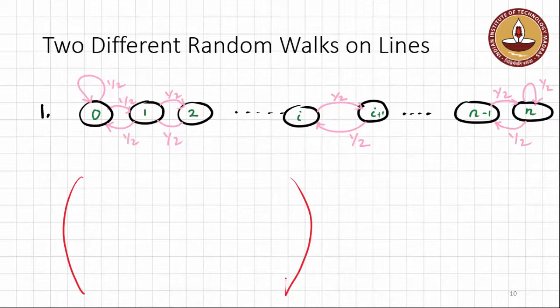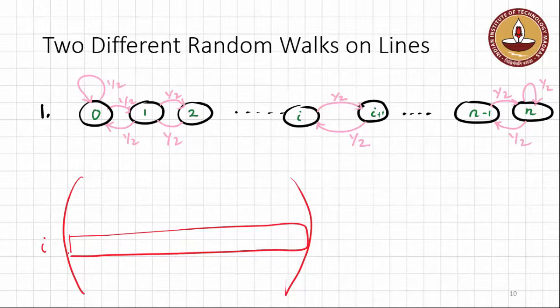Now, the transition matrix, let us look at the node I. Okay, the node I can move with probability half. So this will be, let's say, I minus 1, I, and I plus 1. If you notice, the probability of staying in I itself is 0.